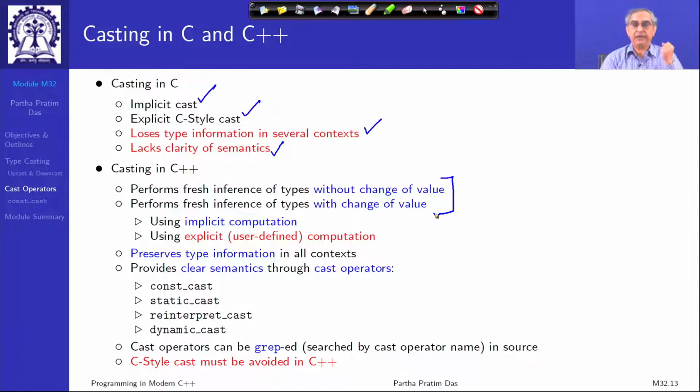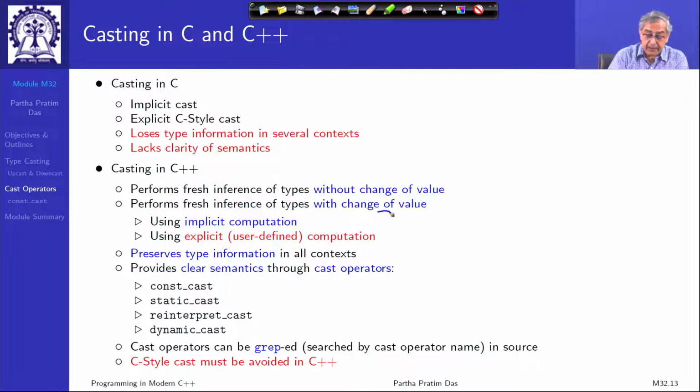There are castings of that type, and of course, there are castings of the original form, where they actually make fresh inferences with changing the value. So, if you change int to double or double to int, you are making fresh inferences about the type, but with change of value. But C++ also allows you to do similar things without changing the value. We will see the example.